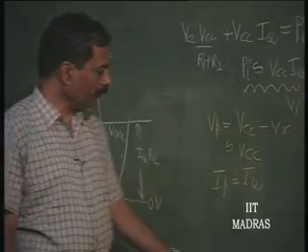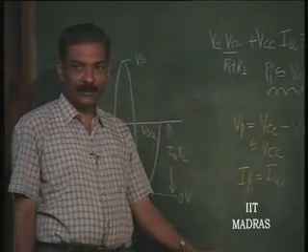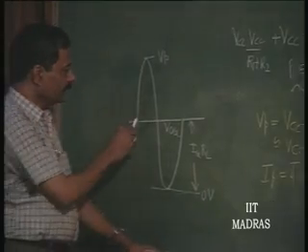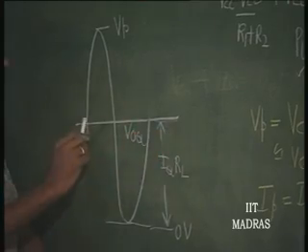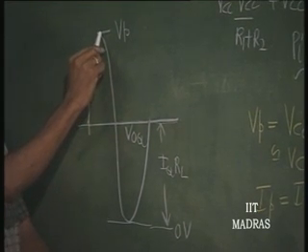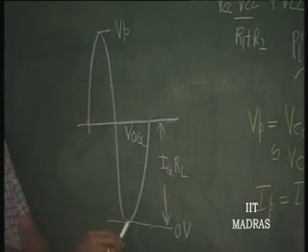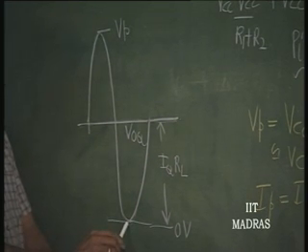So, if we want now equal swing on either side of the quiescent, let us see, if it is a sinusoid, the quiescent is here V naught q, and on this side it can go almost up to V p, actually it is V p minus V gamma. On the other side it can go up to 0, when the instantaneous value of current through the load becomes equal to 0, the instantaneous value of voltage also is 0.